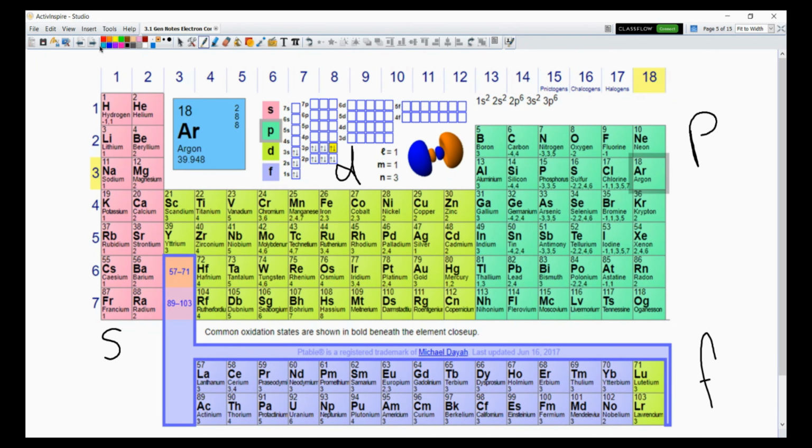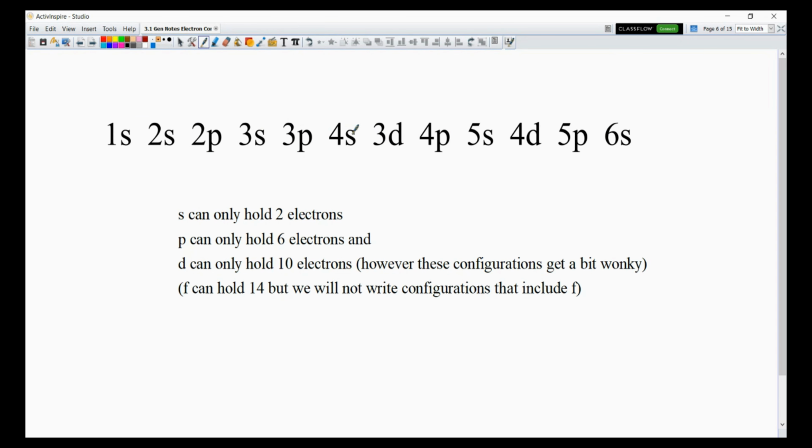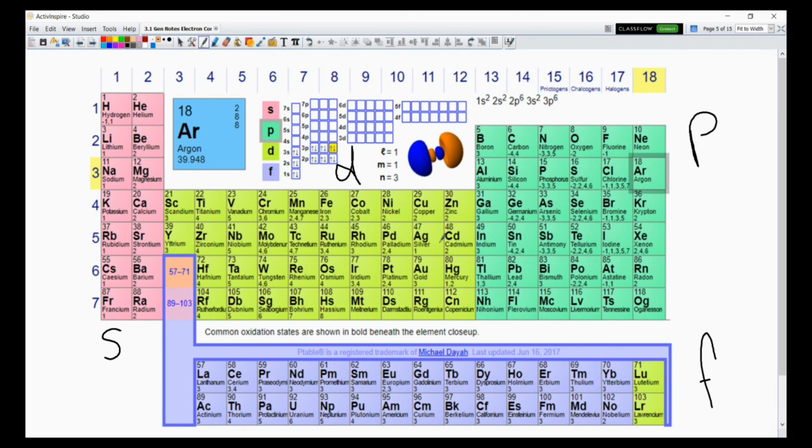If we look back up here, we see it as 4s, and then it goes down to 3d, and then it'll go back up to 4p. So these in the d orbital, their energy is one less than the actual row that they're on.